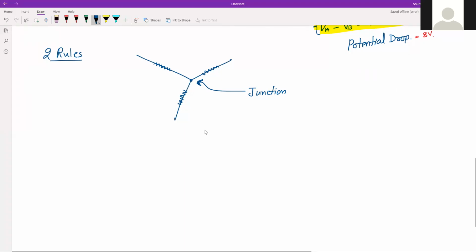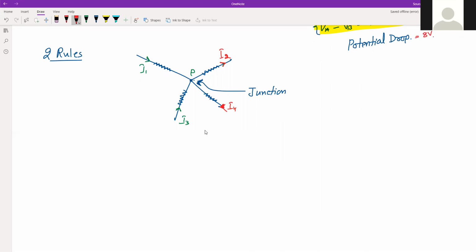Now suppose on this junction, say the junction is P, there are currents coming in this direction and in this direction, say I1 and I3, and currents going away in these directions, say I4 and I2.